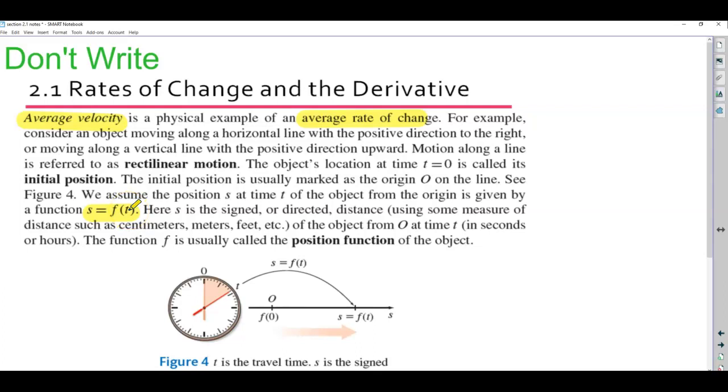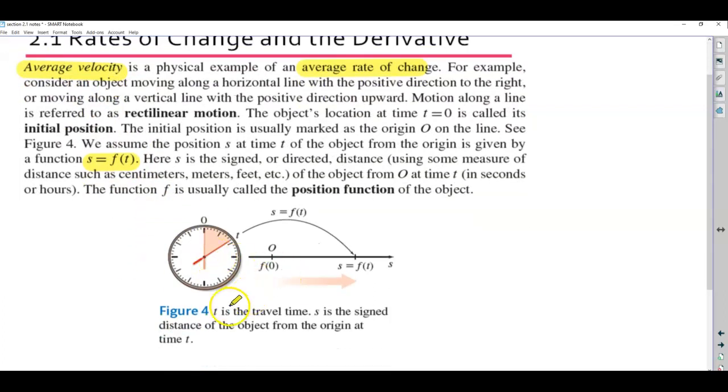Well, if I know the function, I can take the derivative and get the instantaneous rate of change at a point, which is velocity. So if t is the time traveled, s is the signed distance from the object, basically s is the position. Well, to figure out how fast it's going at a single spot, we can take the derivative to find the instantaneous velocity.